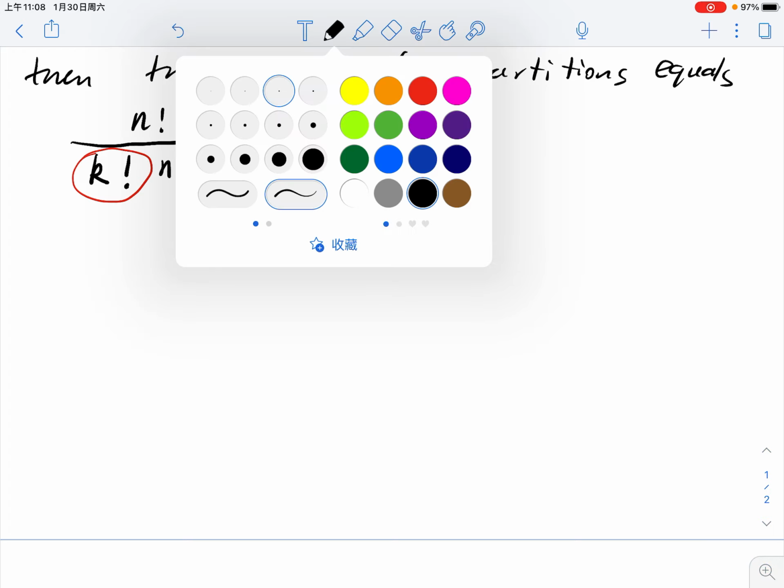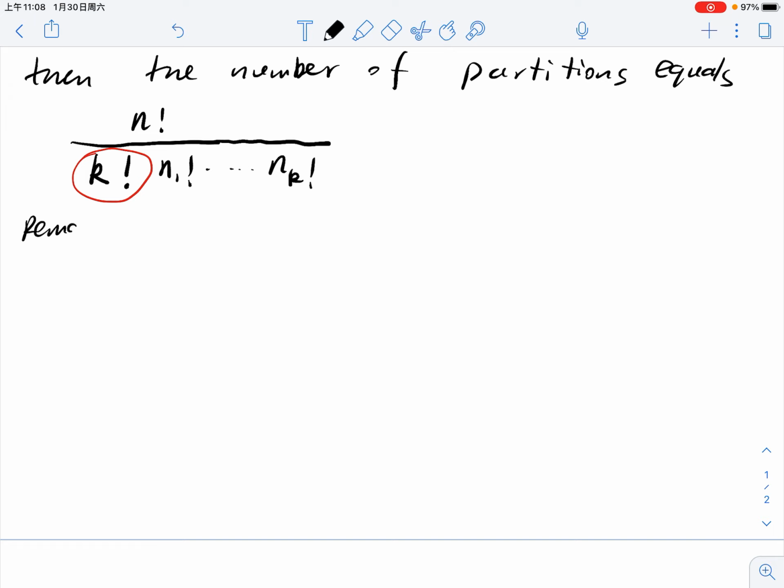a remark. Let's do a small remark. Box 1, box 2, box k, and here you assume you have A1 to An1, B1 to Bn1, C1 to Cn1.